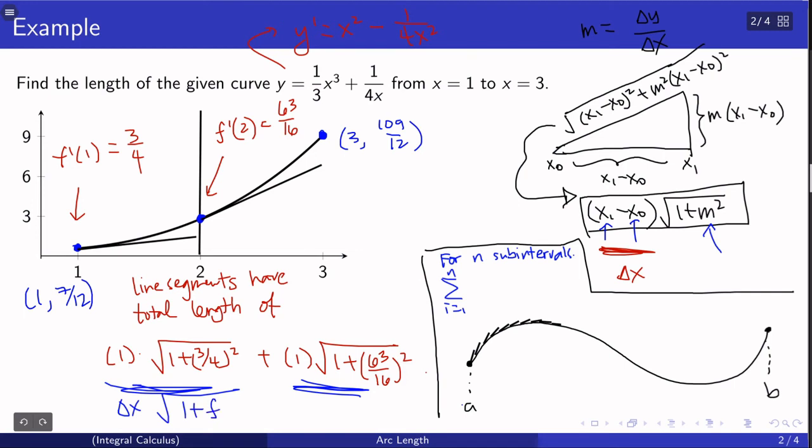And what's the slope? It's f prime of 1, of 2, so we're using the left endpoint. But instead of writing all of that, I'm just going to write xi star here, where we understand xi star to be the left endpoint. And so this is what's going into my sigma notation.